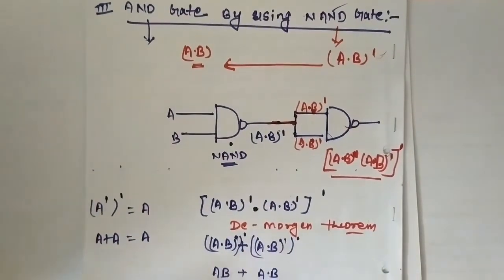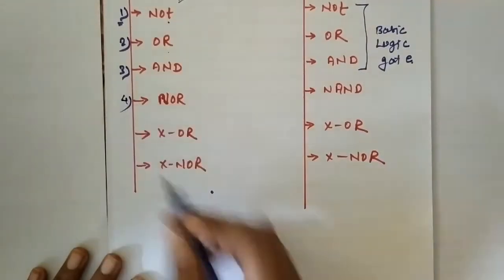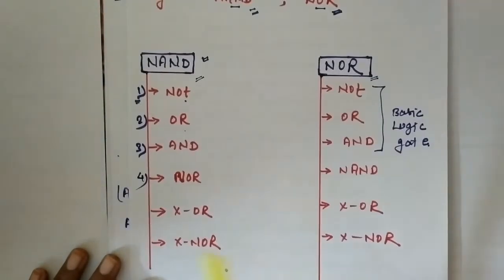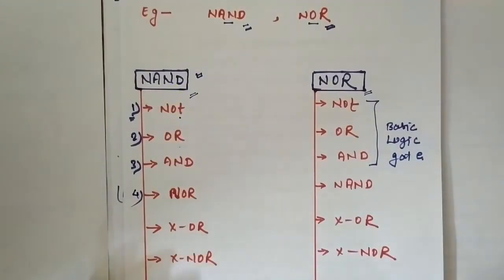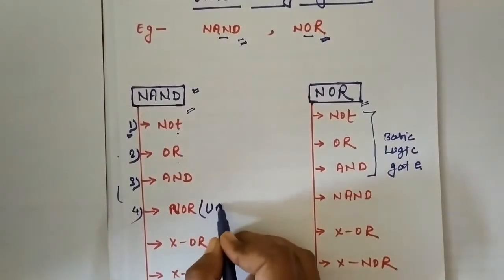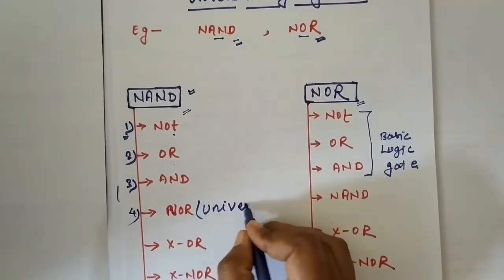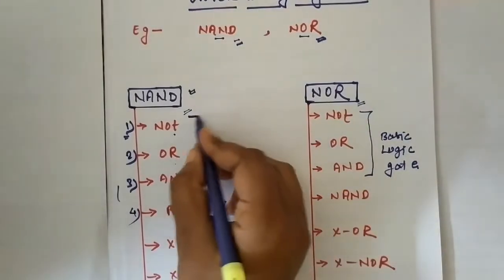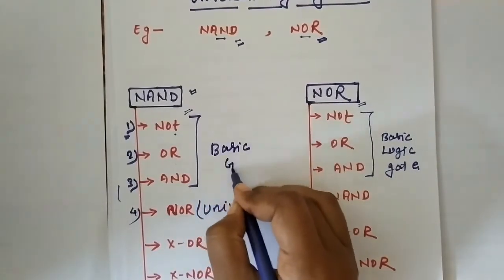NAND gate. So the fourth one is NOR gate. We can create a NOR gate by using the NAND gate. So NOR gate is a universal gate. You can clearly see that NOR gate is also a universal gate, and this gate is called basic logic gate.